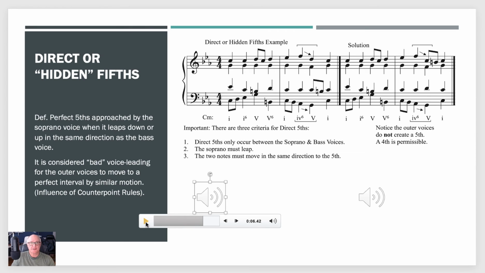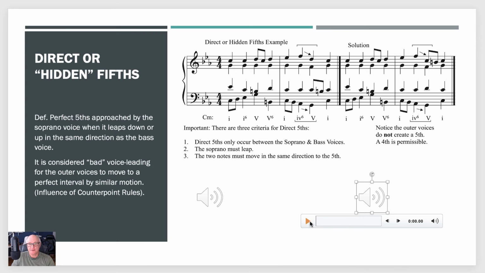Now, initially, it doesn't sound like it's too bad. Let's listen to it again, and you'll notice a hollowness. Now, when it's corrected with a different solution without the hidden fifths, listen to this.